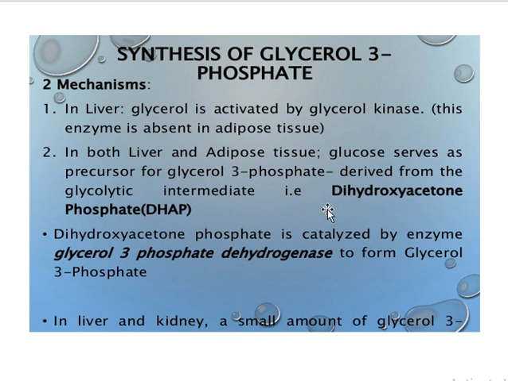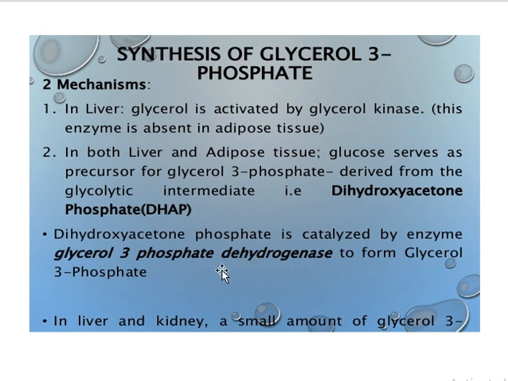The other pathway is the synthesis of glycerol 3-phosphate from dihydroxyacetone phosphate. This dihydroxyacetone phosphate is the intermediate in the glycolytic pathway of glucose. It is converted to glycerol 3-phosphate by the action of the enzyme glycerol 3-phosphate dehydrogenase.